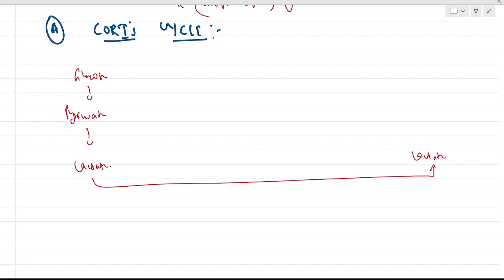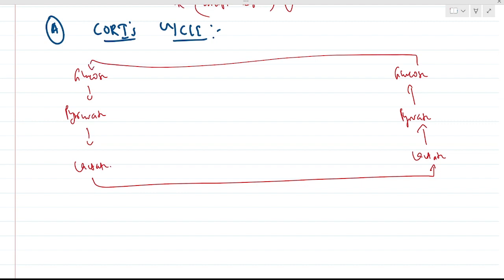Here this lactate is converted back to pyruvate, and then to glucose. Then this glucose in a cyclical fashion returns to the skeletal muscle.